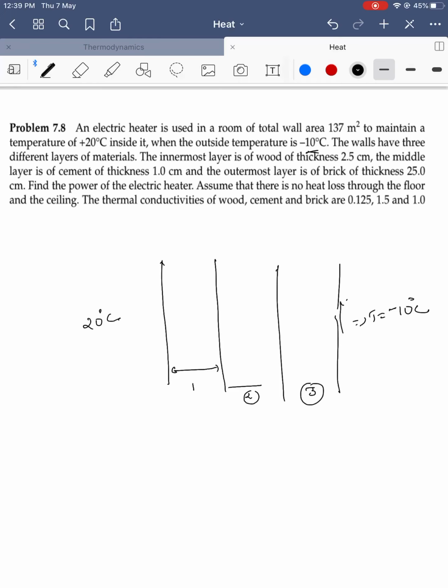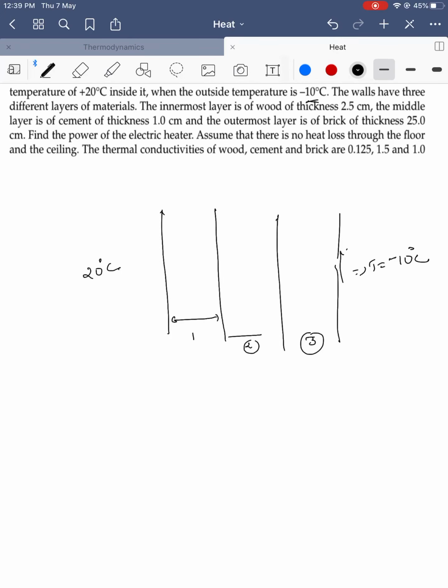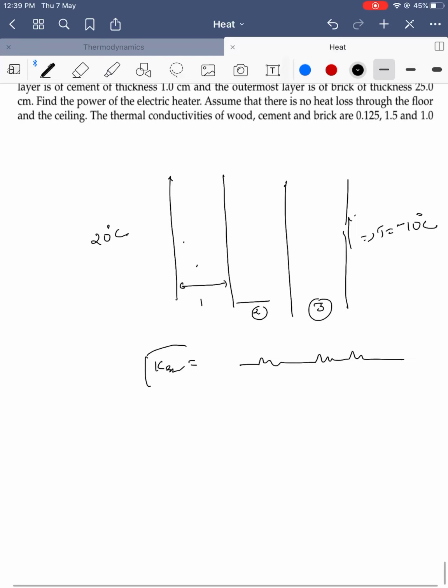He is asking the power required to maintain the heater. Power is nothing but, first calculate K equivalent. For 3 different materials, thickness is given, K values are given, areas are given, everything is given. Find the K equivalent. How are they connected? In series. If they are connected in series, R equivalent is equal to R1 plus R2 plus R3.